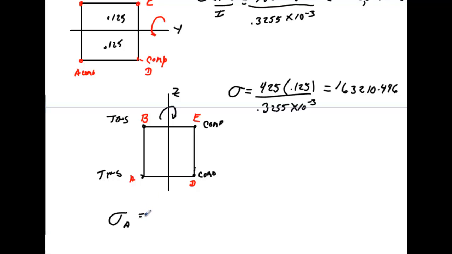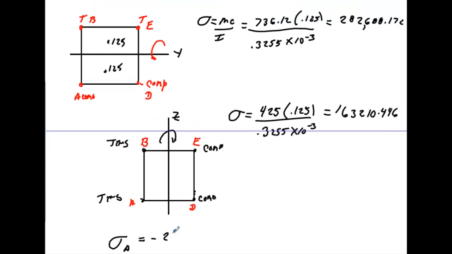So that value should be negative 282,688.172 plus 163,210.446.